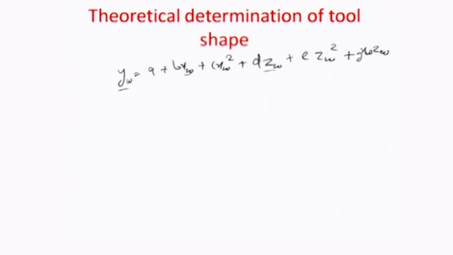So the required tool geometry is then calculated in a similar manner, but of course for the relationship between yw and xw and yw and zw independently. Okay. So you will have to do partial derivatives of all these and then find out the corresponding relationship on a 3-dimensional plane between 2 points xw, yw, zw and xt, yt, zt in a similar manner as you have done for the 2-dimensional curvature case.